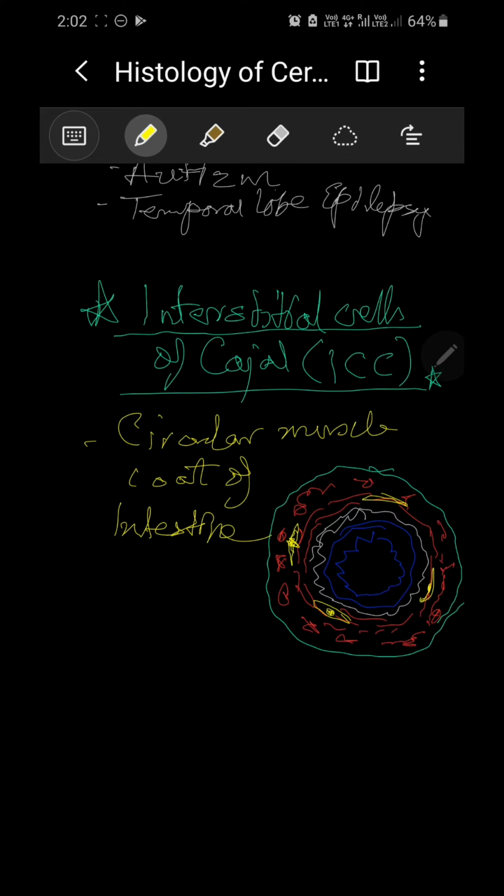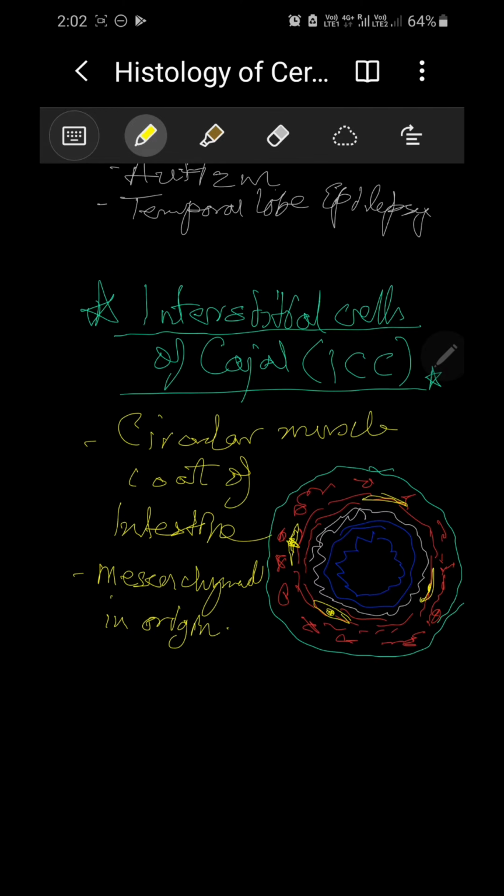Okay. Then what is the role of this? If you remember, the horizontal cells of Cajal were neuronal in origin, from the marginal zone of the neural tube. And these cells, remember, are mesenchymal in origin.